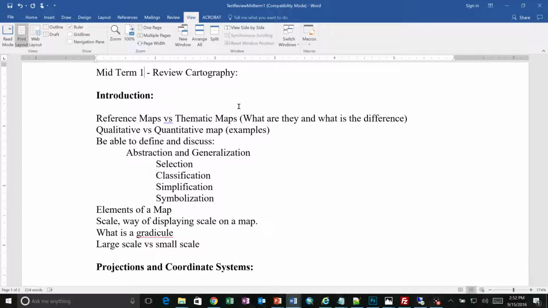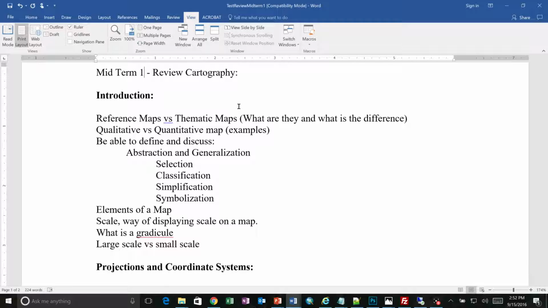And sometimes a reference map can be part of a thematic map, but it's usually not the main emphasis. It's just the reference information helping you get your bearings. And then the thematic map is the thing that's trying to tell a story, trying to communicate an idea to you. So that's the difference between a reference map and a thematic map. And you need to be able to know that difference.